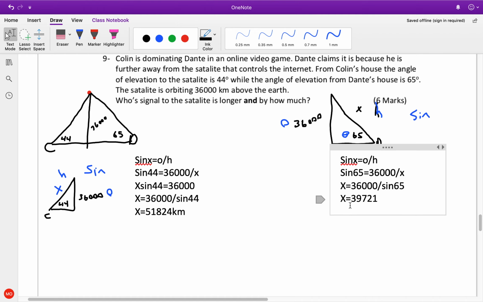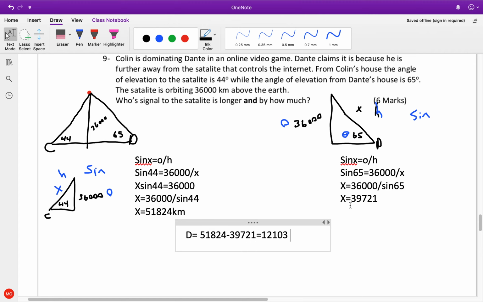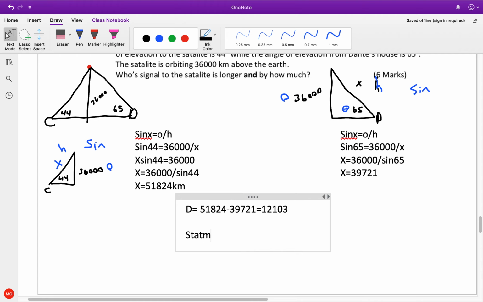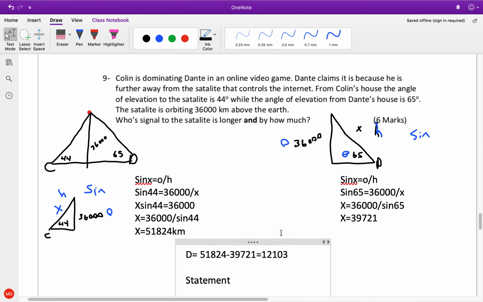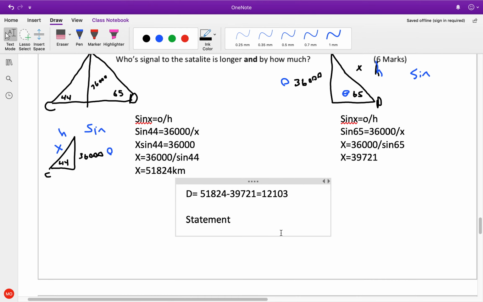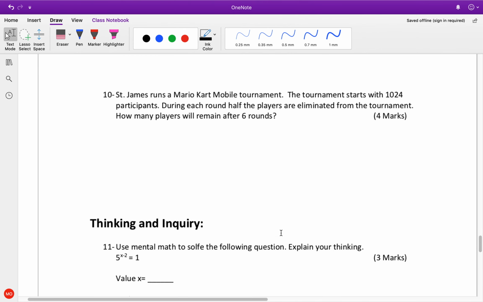So clearly Dante's closer. And that's going to equal 51824 minus 39721, which equals this number. And then we write a statement. Colin is actually further away and still dominating the game.